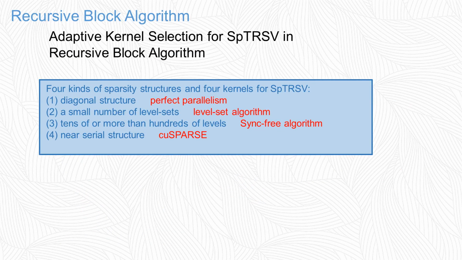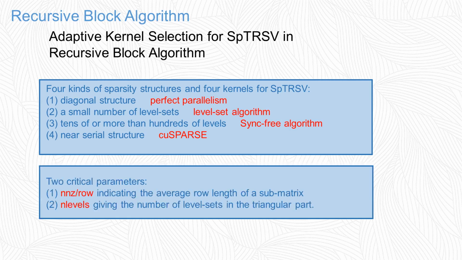After the input matrix is divided and stored, the next step is to compute the small triangle and square blocks with SpTRSV and SpMV kernels. There are basically 4 kinds of structure in the small triangle matrix and 4 corresponding kernels.